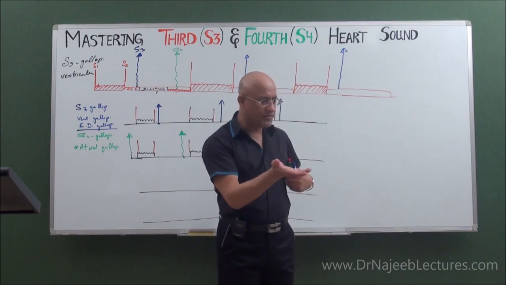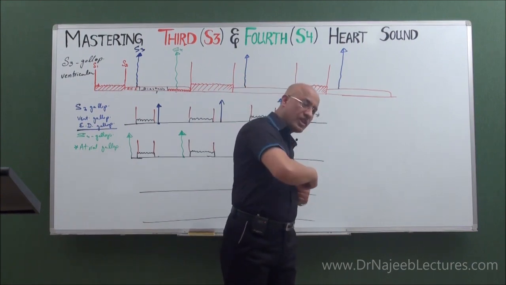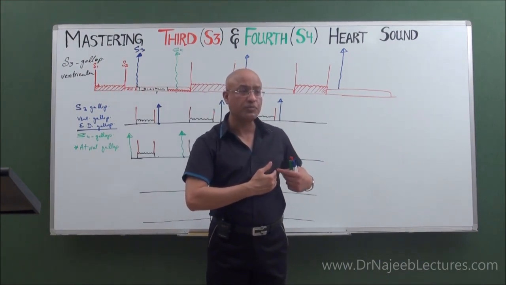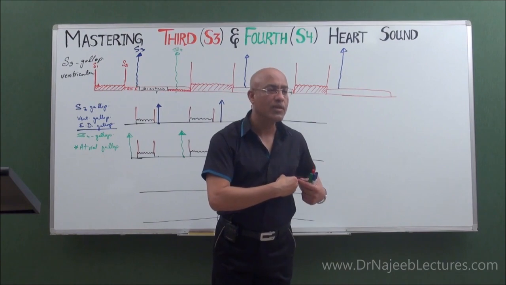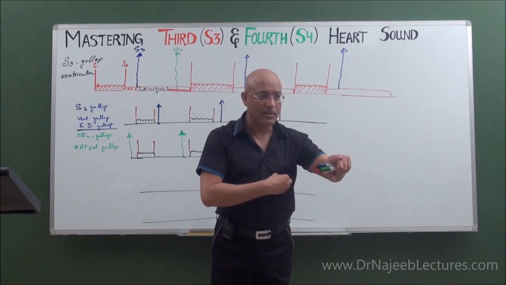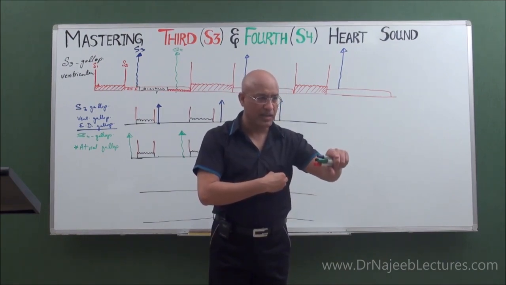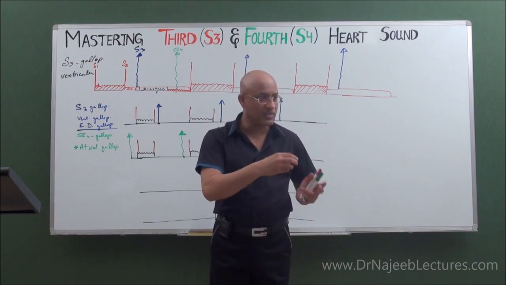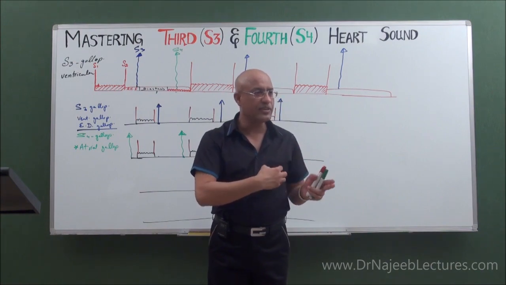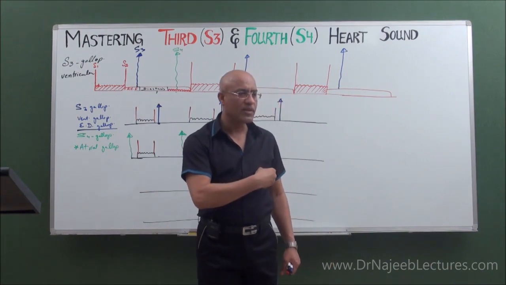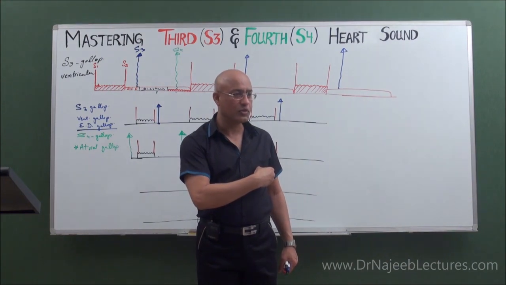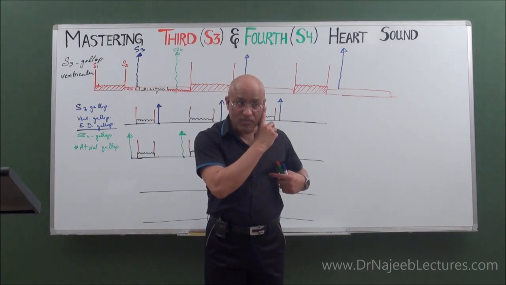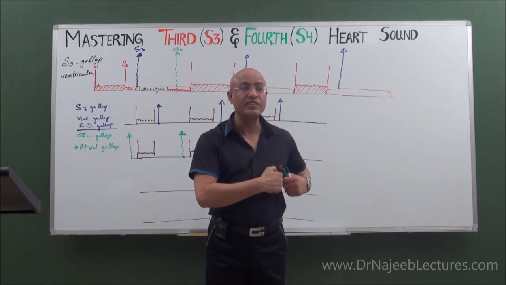Palpate where the apex beat is and put your stethoscope bell there, softly, because if you apply the bell hard, the skin is caught at the margin and it converts into a diaphragm. So put your stethoscope bell lightly and then auscultate for the left-sided S3 or S4.